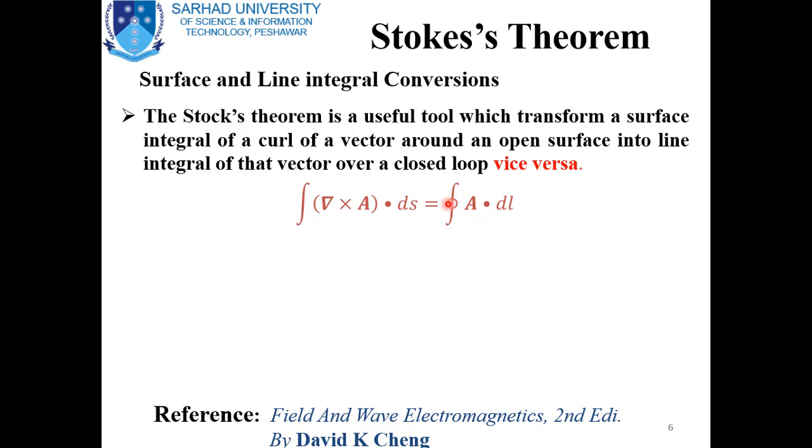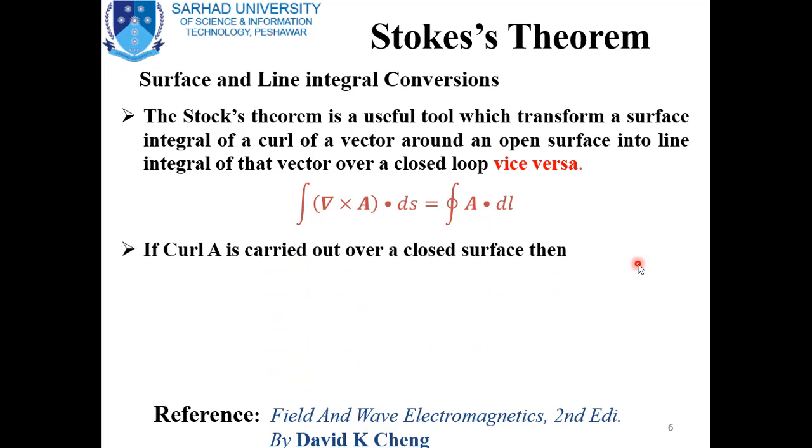Here we put a closed ring over the integral, so this represents the closed path. On the left hand side we have a surface integral of a curl of a vector A, and this can be transformed into the line integral of the same vector A around a closed path.